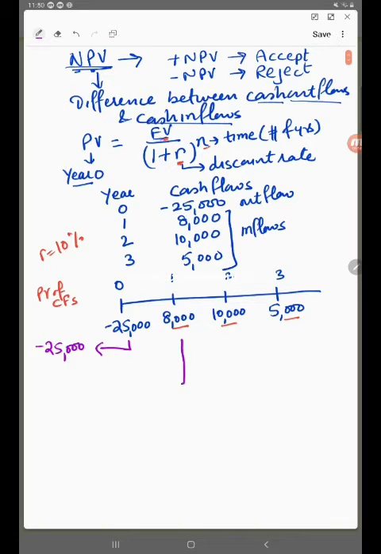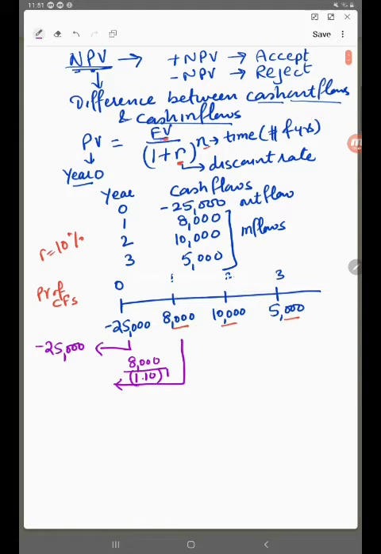What it will be in year 0. So you can see time 0 to 1. Time is 1 year here. So present value formula you already know. Future value is 8,000 divided by 1 plus 10%, so it will become 1.10, and time is 1 year.